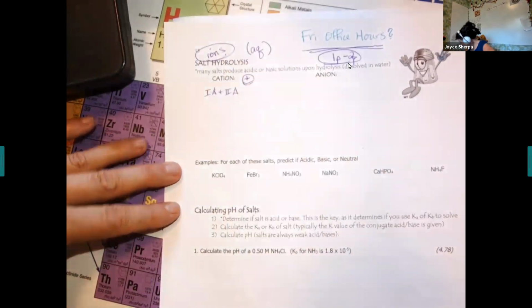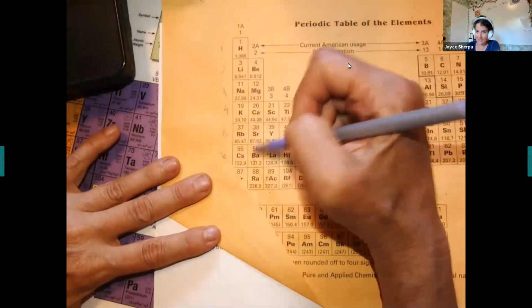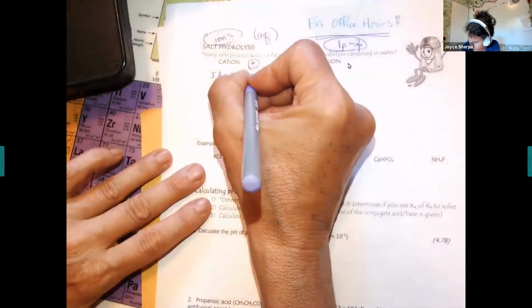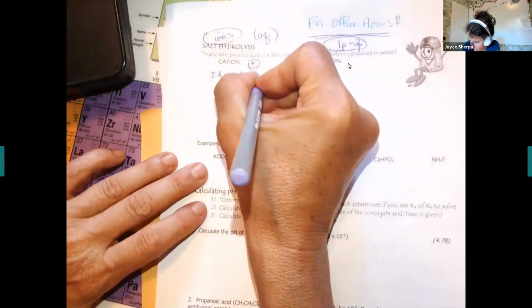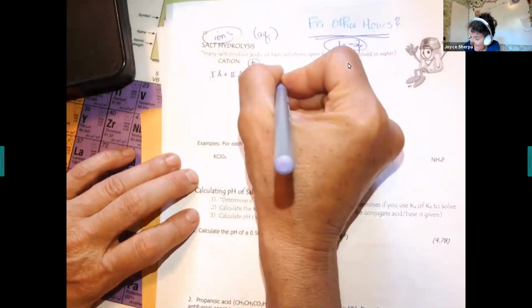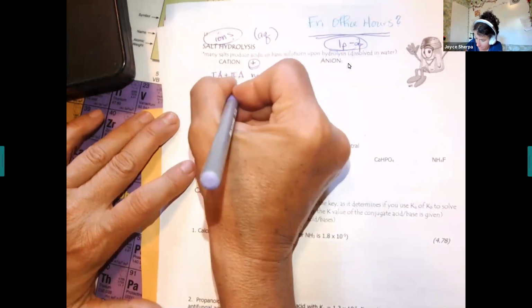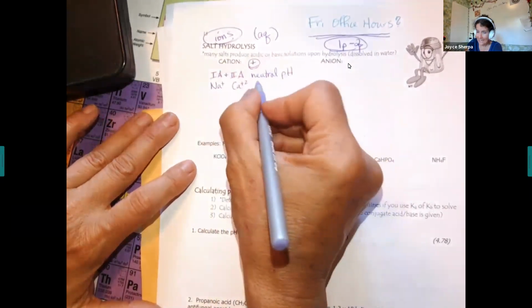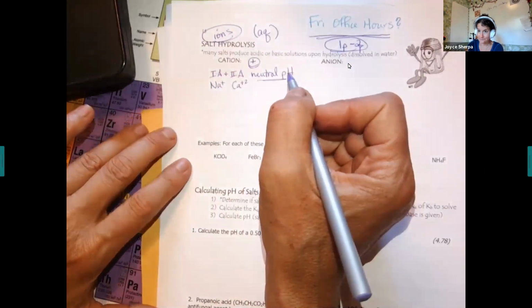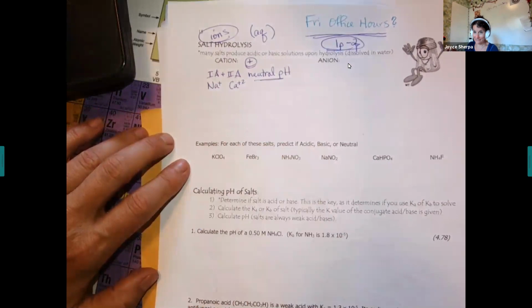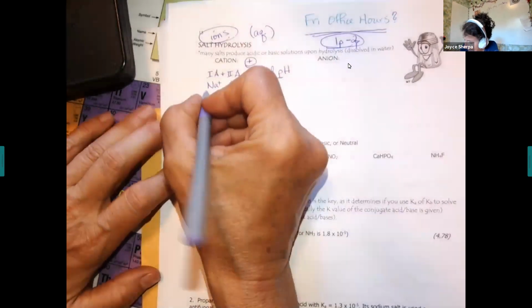So on your periodic table, the first 2 columns, the alkali metals and the alkaline earth metals, these guys are neutral pH as ions. So that's sodium ion, calcium ion, etc. They have no effect on pH.